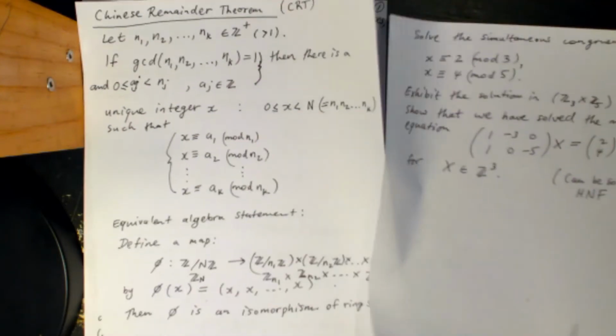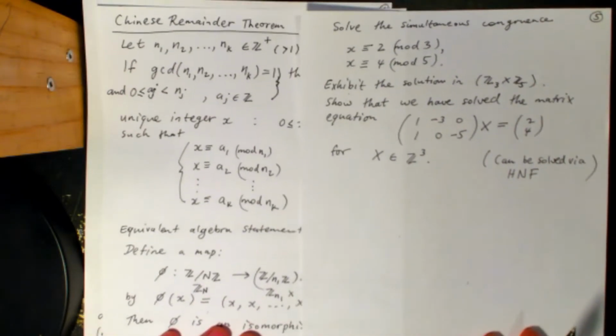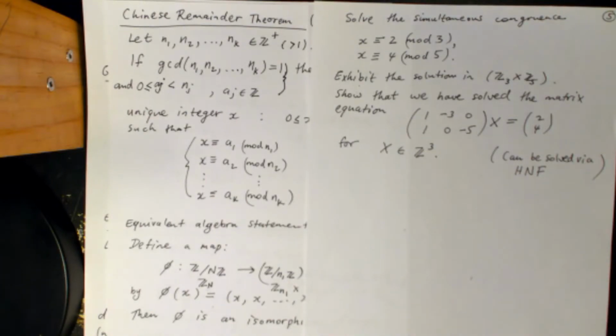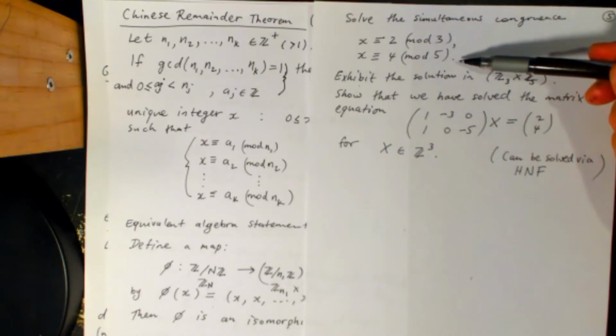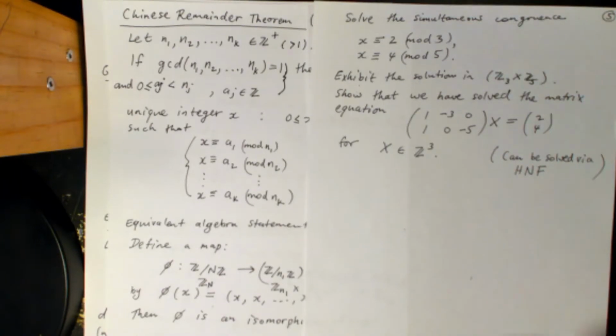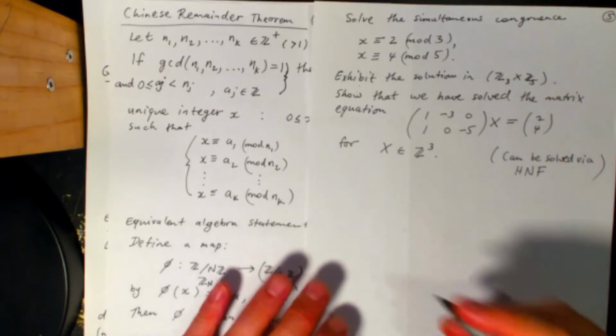Okay, so let's go ahead now and have a look at this problem. Solve the simultaneous congruence. x is congruent to 2 mod 3, and x is congruent to 4 mod 5. Okay, so we see that the GCD of 3 and 5 is 1, and the product of those two is 15. So uppercase n is 15 in this case.